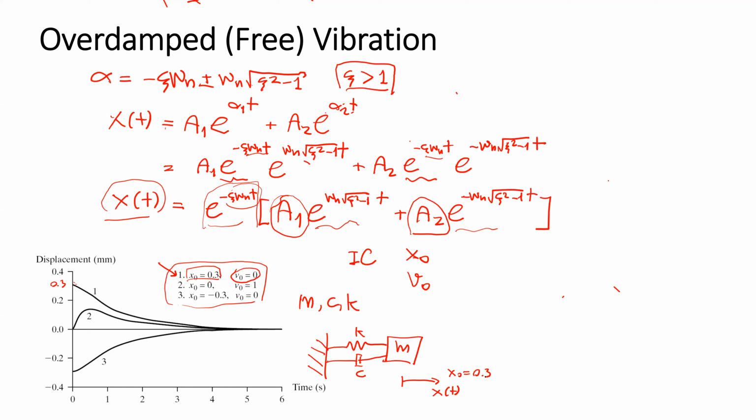We release the system from x0 equal to 0.3. What happens to the system is the spring tries to pull the mass back to the equilibrium. So the displacement will decrease to the equilibrium position.